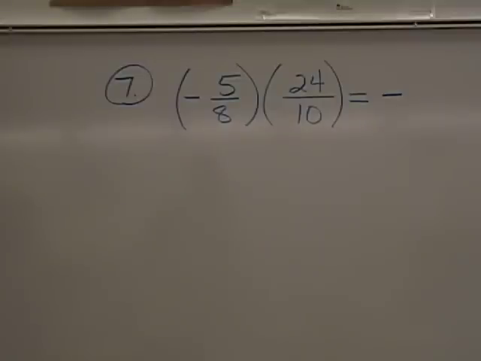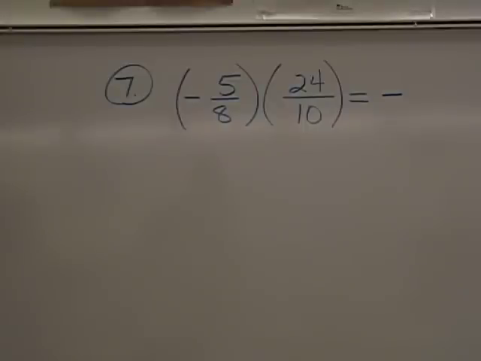Now, we could just go ahead and multiply 5 times 24 and then multiply 8 times 10 and then reduce that fraction into lowest terms for our final answer. But here's an easier way. You can cross-cancel numbers if they have common factors, which in this case they do.